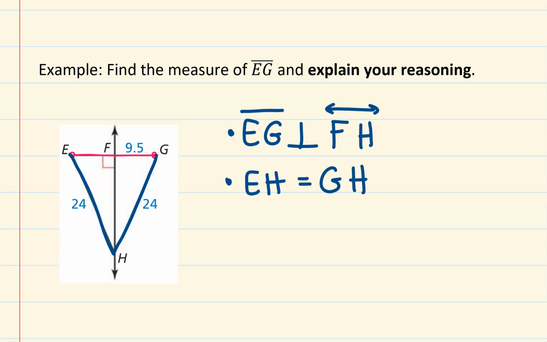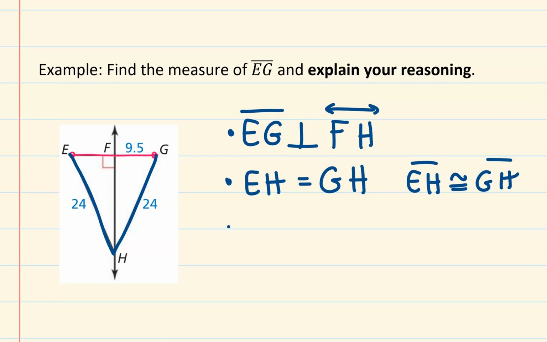So if I'm talking about their length, I don't need to put the little segment sign above it. EH is equal to GH. On the homework, if you wanted to write EH is congruent to GH, that would be perfectly fine. Either one of those makes our point, which is that H is equidistant from E and G.